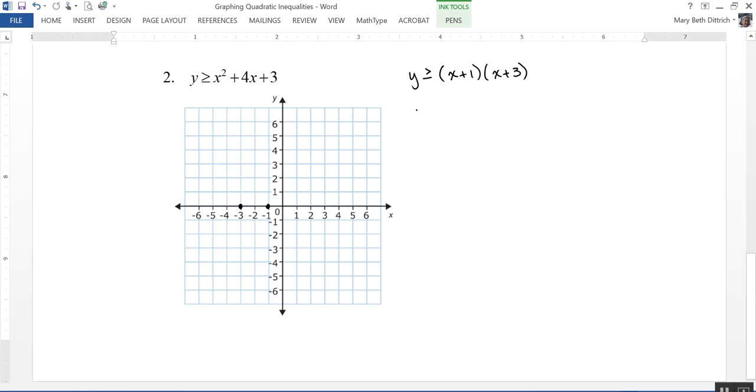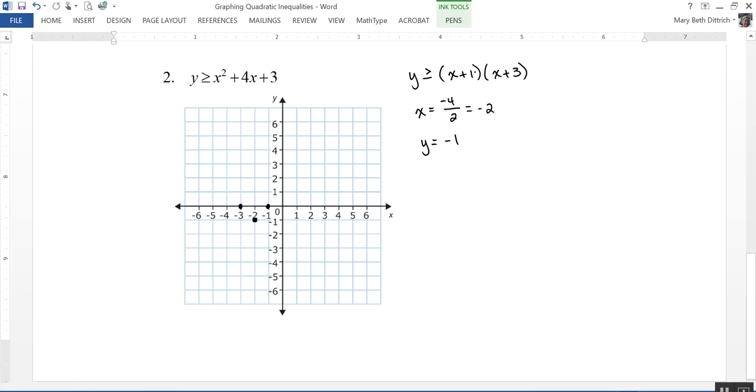Now let's go ahead and get our vertex. So x is -b over 2 times a, or -2, so that makes sense. That would be right in the middle between those two. And then y is what I get when I plug -2 back into there, which is going to be -1. So my vertex is going to be the point (-2, -1).